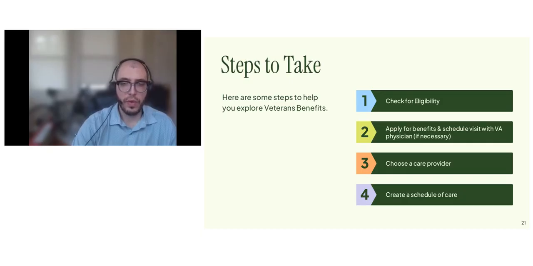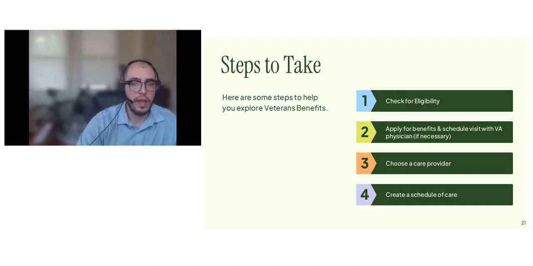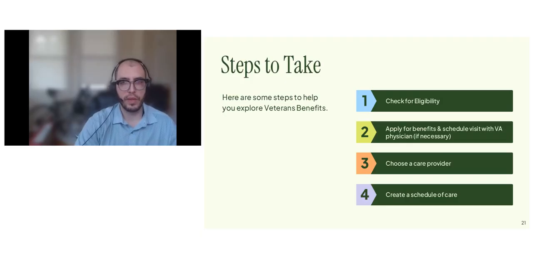So if you're working with a veteran, what are some steps that you need to take? You will first want to check the eligibility of that veteran. You'll want to see, are they even eligible for services? Are they eligible to receive VA medical care at all? The next step is applying for benefits and scheduling a visit with the VA physician.